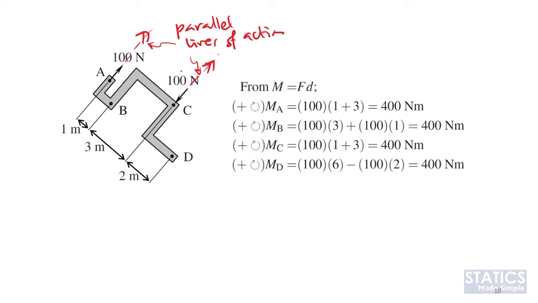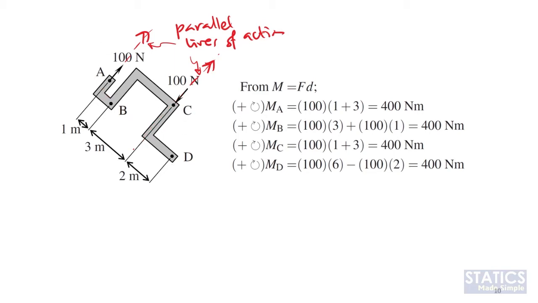That moment will be equal to 100 Newton times the perpendicular distance, which is the distance from the line of force to point A, and this distance is equal to 4. So you have 100 times 4 equals 400 Newton meter, and the rotation is clockwise. If we say clockwise is positive, the magnitude is positive 400 Newton meter. That is the moment that we get at point A.